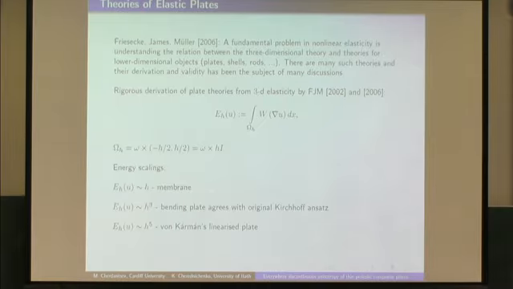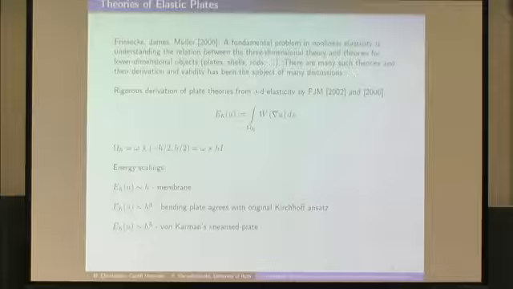Right? So if you consider this functional and plug in a sequence of deformations, let's say u_h, such that on this sequence of deformations the energy is of order h, then in the limit you get a membrane. So it's membrane behavior. Basically, a membrane is allowed to be stretched.